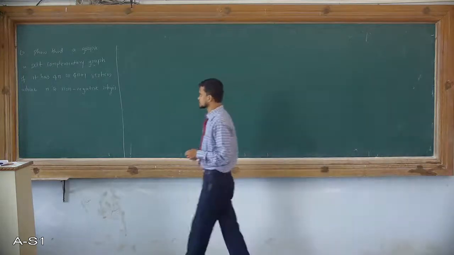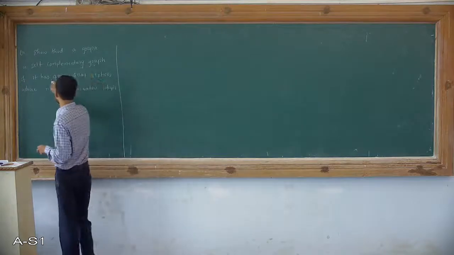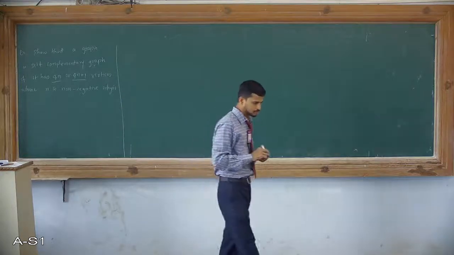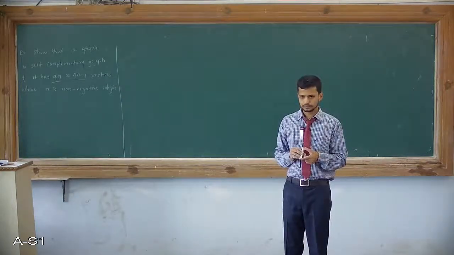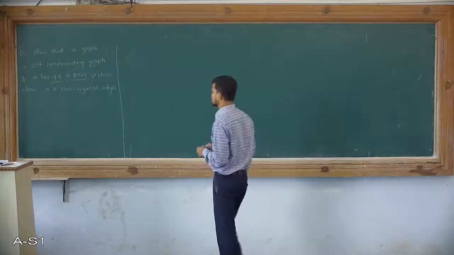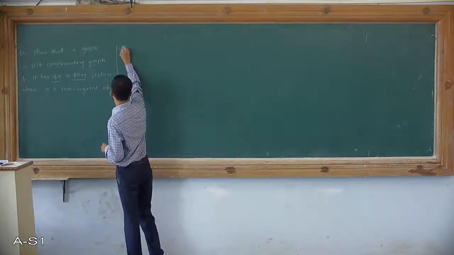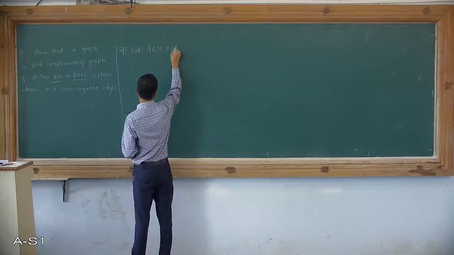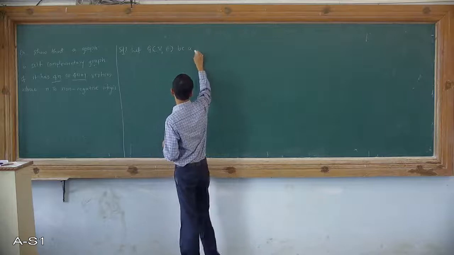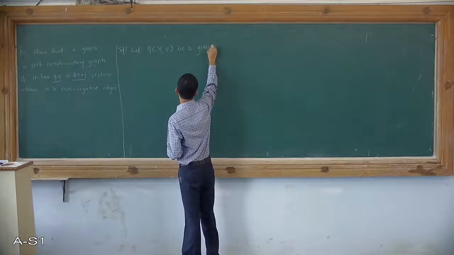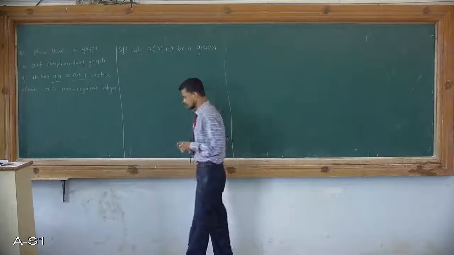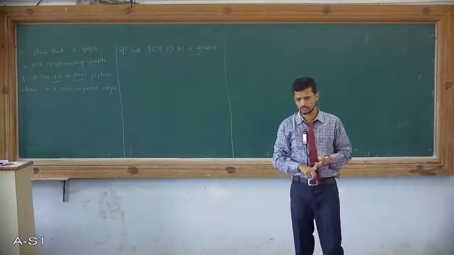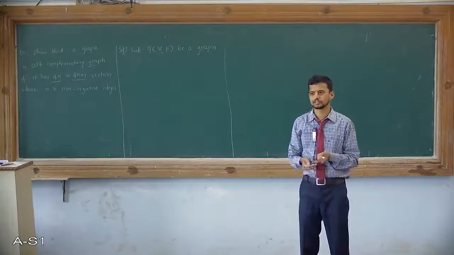See, the question is, if it is a self-complementary graph, then it has 4n or 4n plus 1 vertices, and we need to prove this. What I will do, first I will consider a graph G. Let G be a graph. Keep it in mind, if I use the word simple graph, it means it is not a directed graph and not a multigraph, because in the very first class I made it clear that it is always a simple graph.